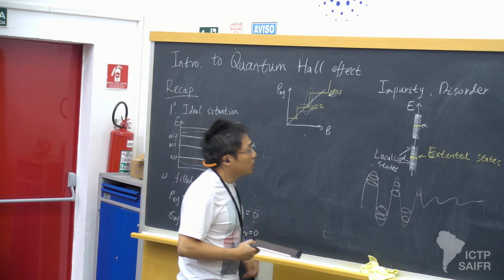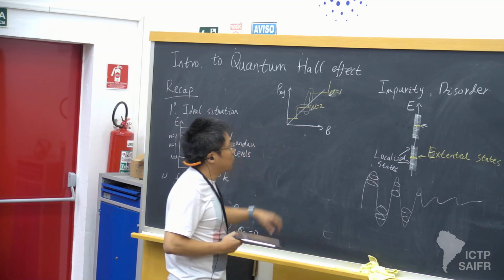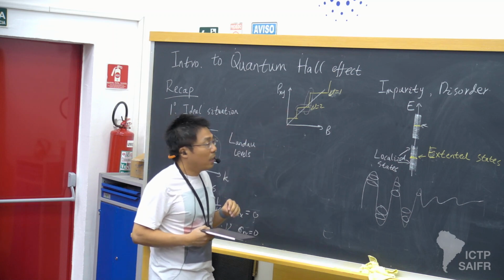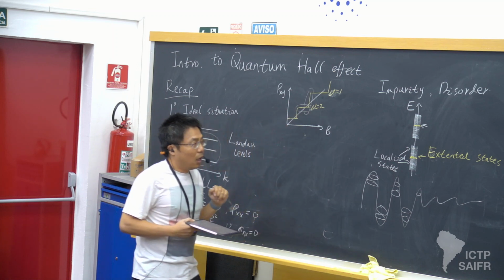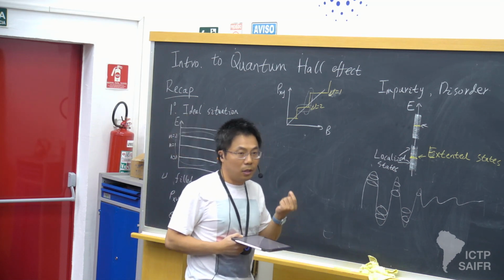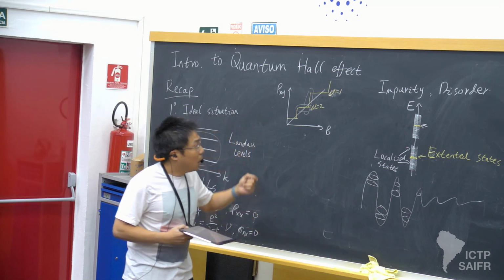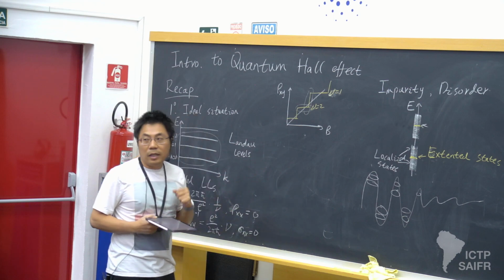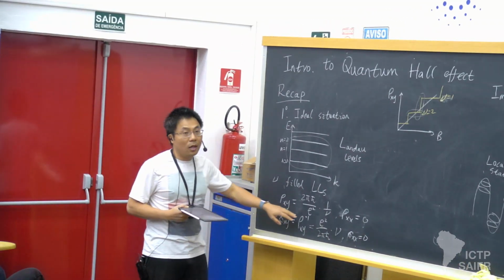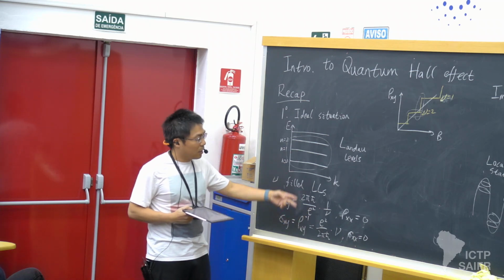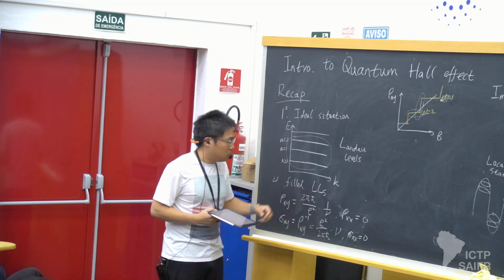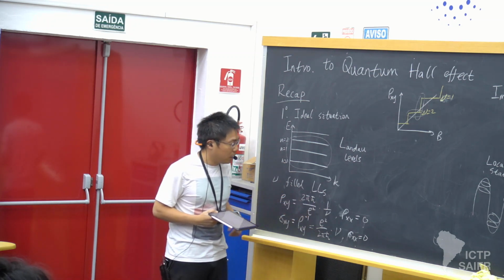another dilemma, right? Because the integer quantum Hall effect has two key features. One is that we do get plateaus for the Hall resistivity. The other feature is that the Hall resistivity is quantized, right? It's really just a combination of two physical constants times 1 over an integer, right?